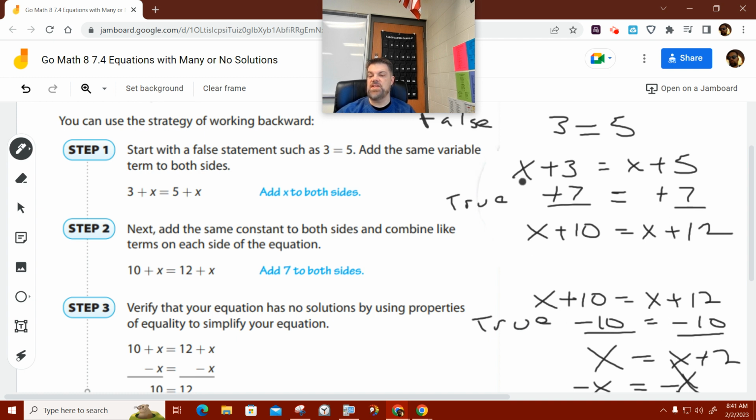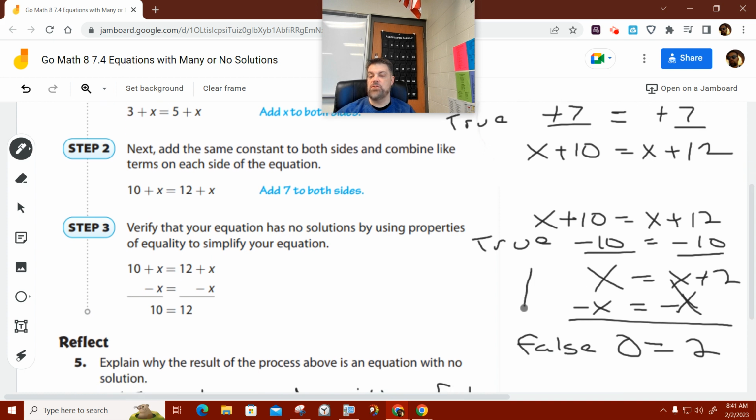And so all these things that I'm doing may be true, but since I started with false and I did a true thing, if I reverse the process, I do a true thing, at some point it's going to end up being false. Does that make sense? Okay. If I say, well, one or two kids shaking their heads no. Let's just keep working on the examples, and hopefully some of this will click. Okay.